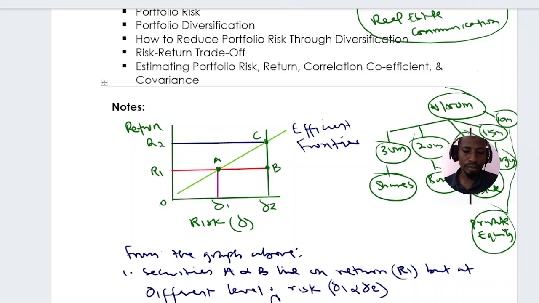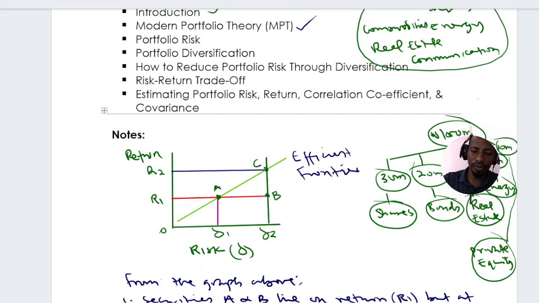Now, that is portfolio. How do you reduce portfolio risk through diversification? Diversification is an essential part of risk management, because it helps to reduce portfolio risk.